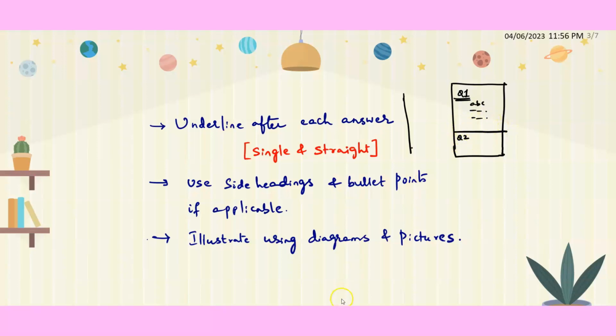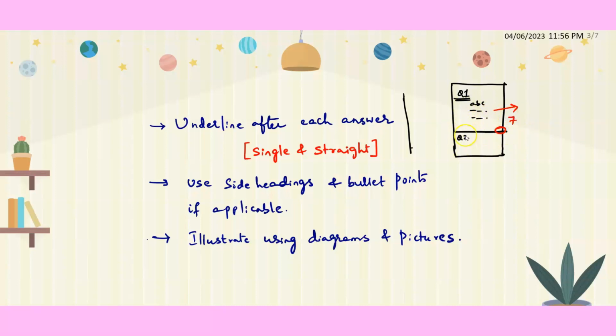This line is indicating that the first question is over. It helps a lot for the evaluator to demarcate your answers, and thereby it will also prompt him to award the marks here itself, because you underlined it and you are telling that this answer is over, so he will immediately award the marks here itself.